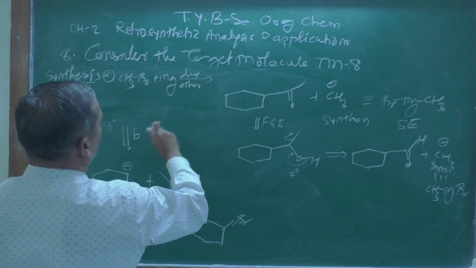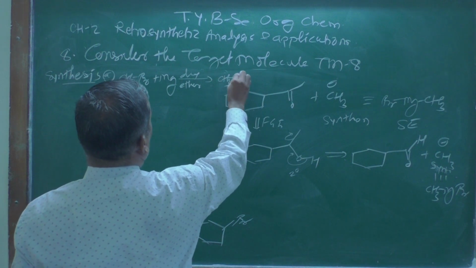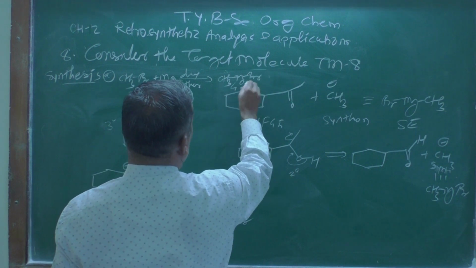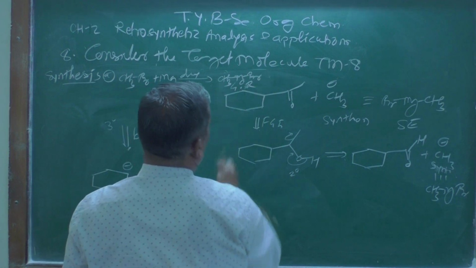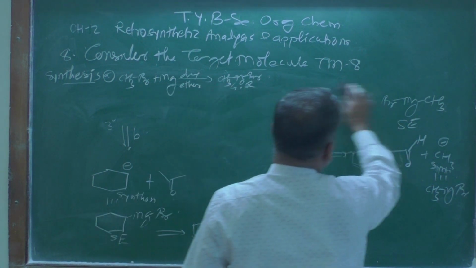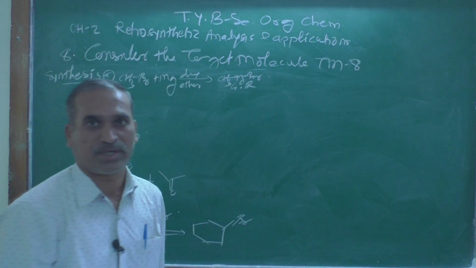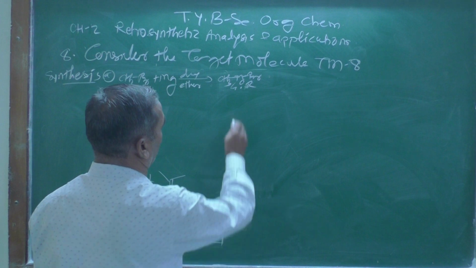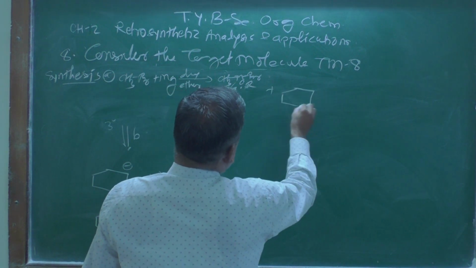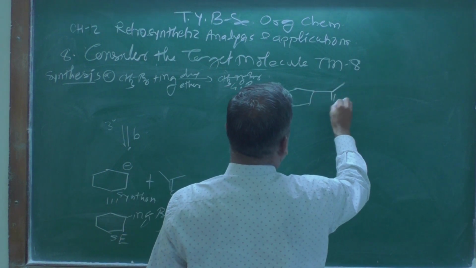I am going to get CH3MgBr, which is a Grignard's reagent, right? And this Grignard's reagent, let me clean again. So this is the Grignard's reagent I got over here. Now this will be treated with this one, C double bond O, H.